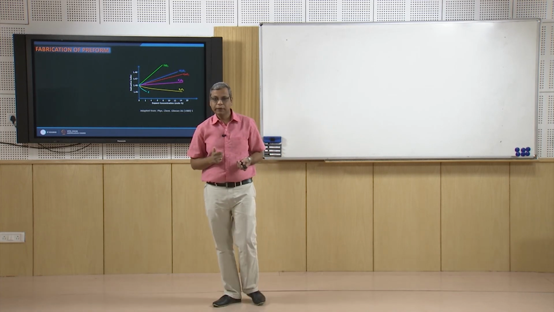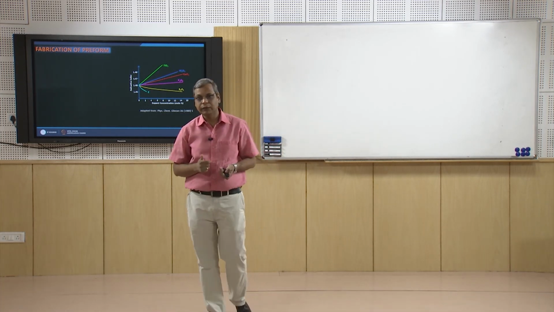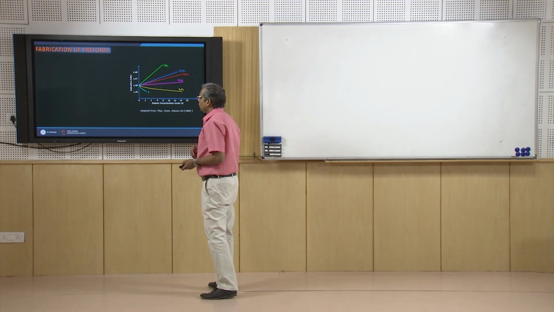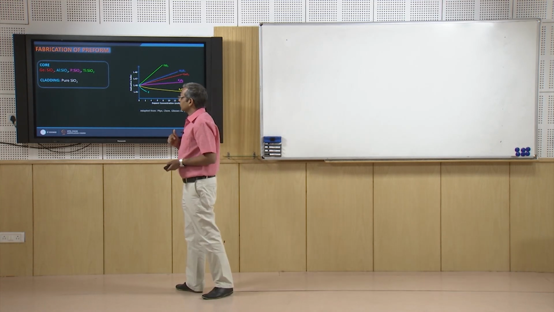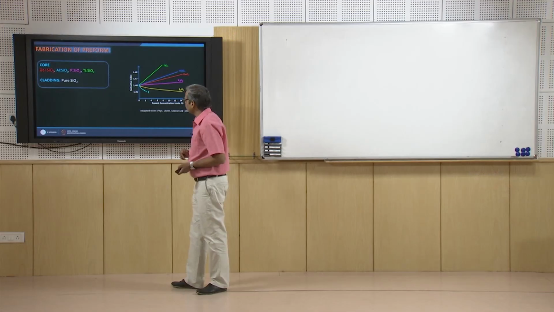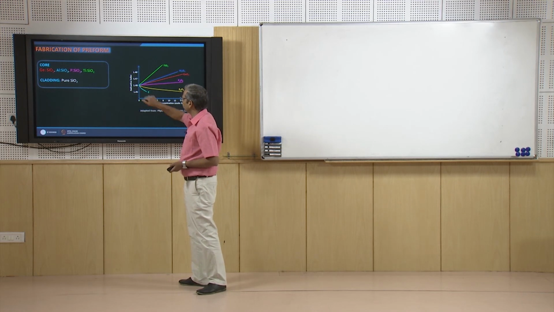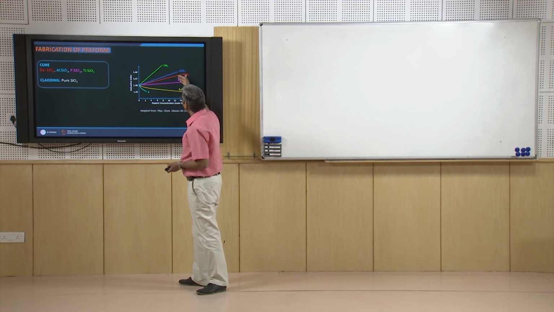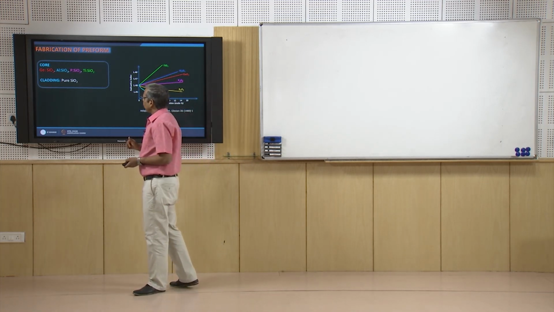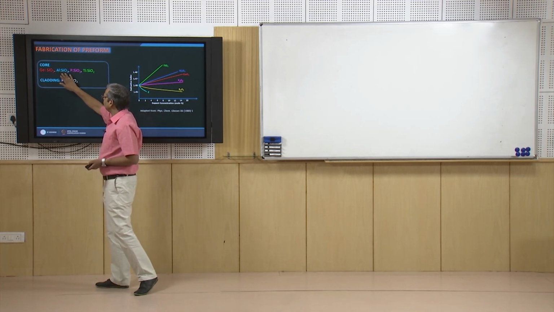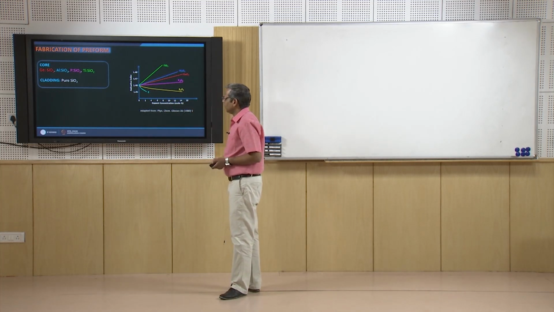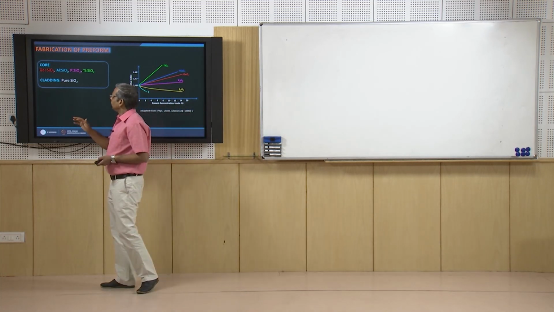We know that for core we need high refractive index and for the cladding we need low refractive index. So, we have different options. One option is that you make cladding out of pure silica. Since cladding is out of pure silica, here 1.46, then core should be using either of these. So, in core you can either dope germanium or aluminum or phosphorus or titanium to increase the refractive index, and most widely used material is germanium.